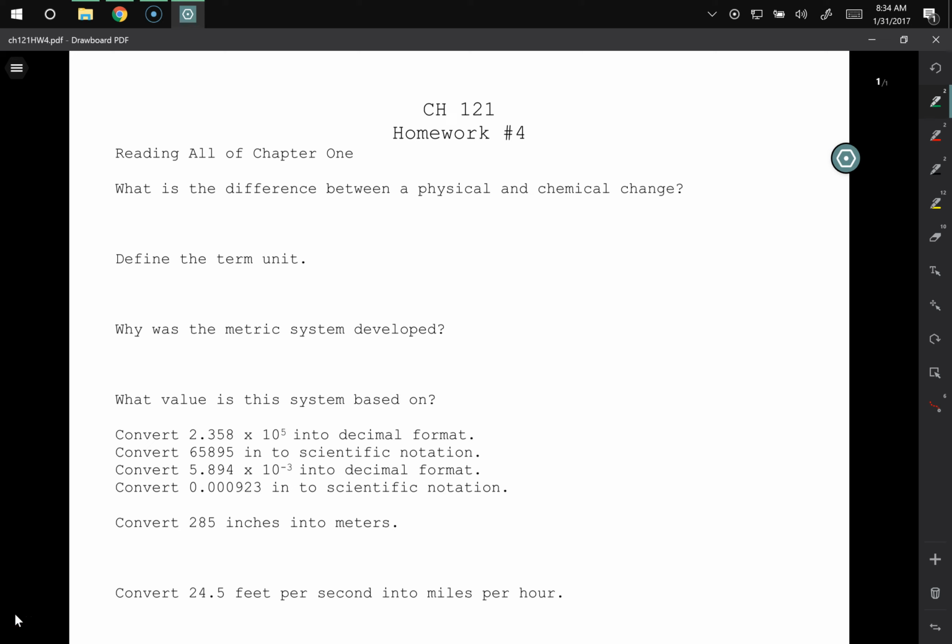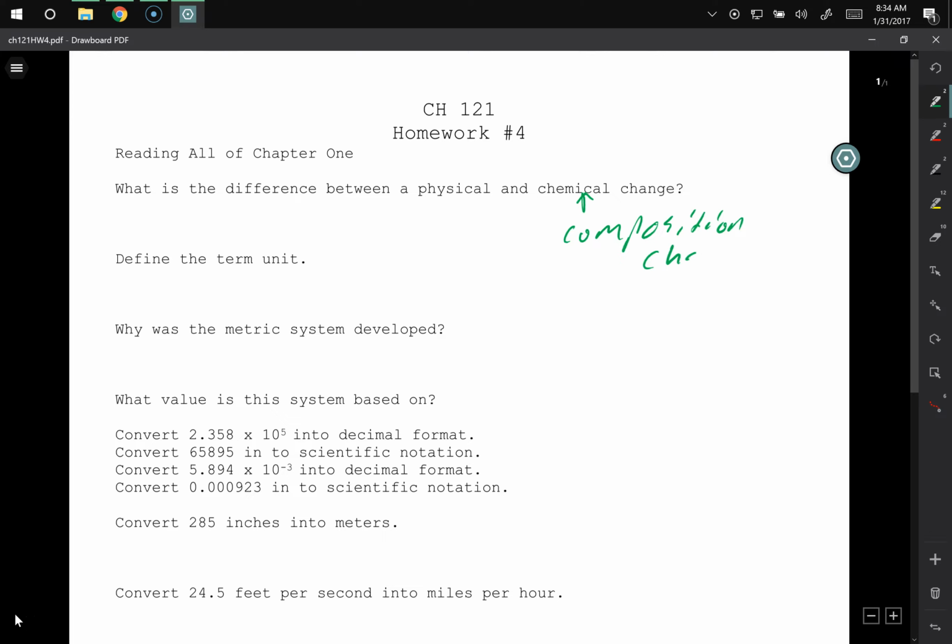Okay. Difference between physical and chemical change. What do we got? Okay, so with the chemical change, I have an actual change in composition. Is there another way to say that?